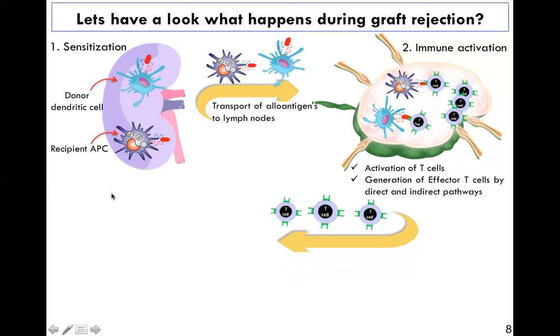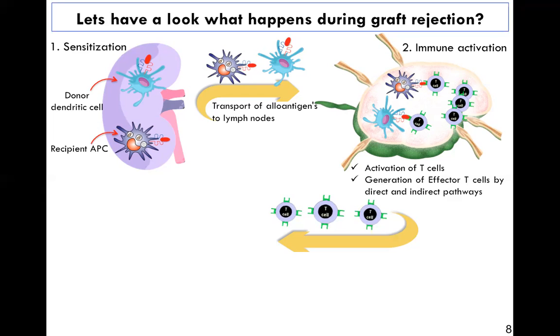During the sensitization phase, the recipient T cells show foreign antigen on their surface, and both recipient and donor APCs move toward the lymph node, where both present the antigen to T cells, and both CD8 and CD4 positive T cells will be activated. Then we have both kinds of T cells, cytotoxic as well as CD8 and CD4 positive T cells.